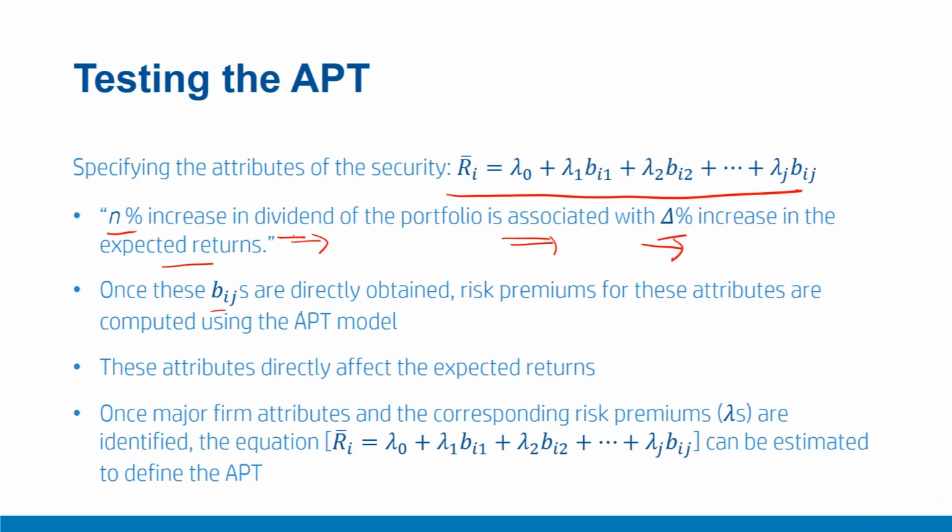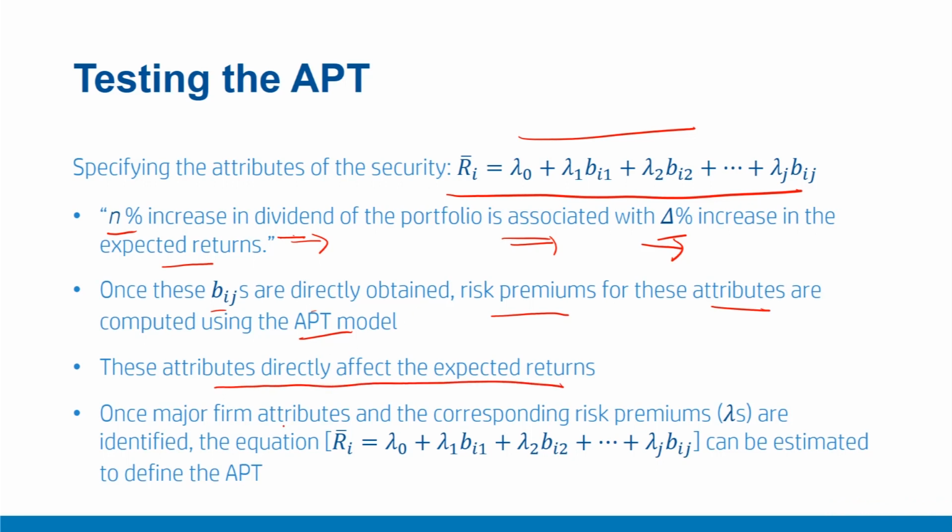Once these Bijs are directly obtained in the form of security-specific characteristics, then lambdas, or risk premiums of these security-specific characteristics or attributes, can be estimated very easily from the APT model through a methodology such as regression.